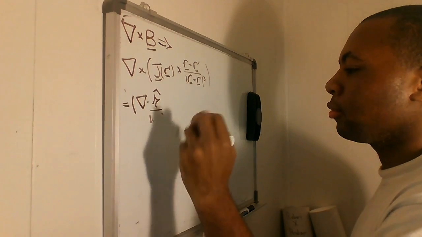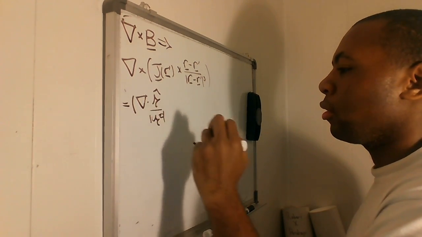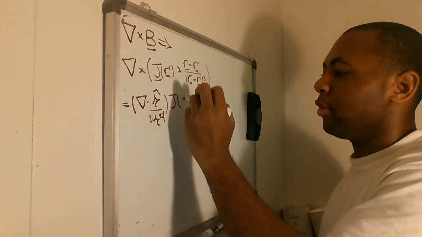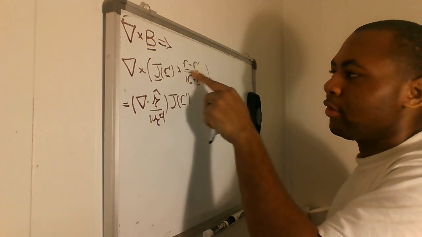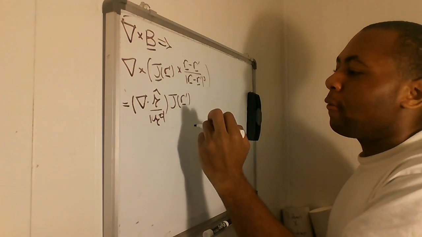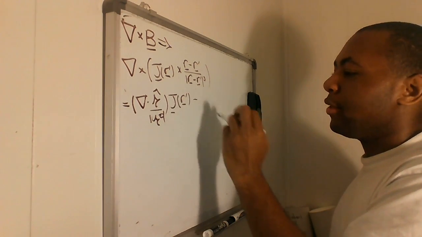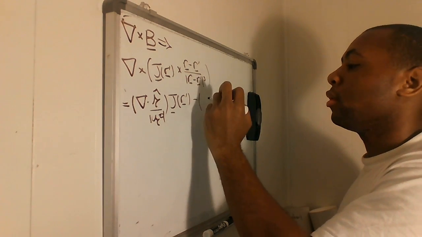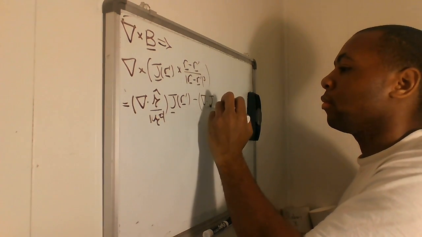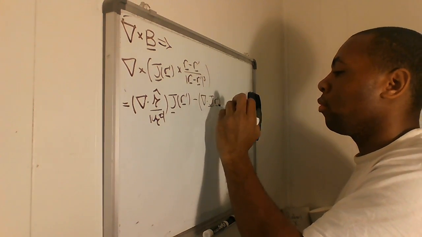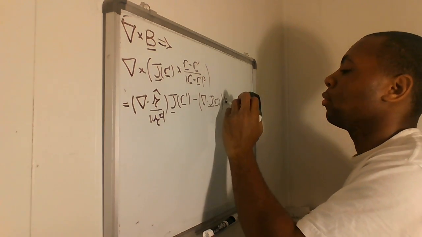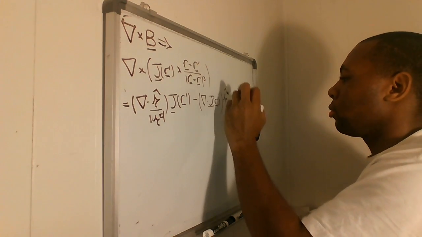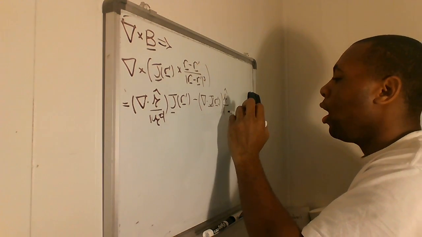Curly R. Here's J. If you don't remember, curly R is the difference vector. Minus cab. Yeah, that looked creepy.